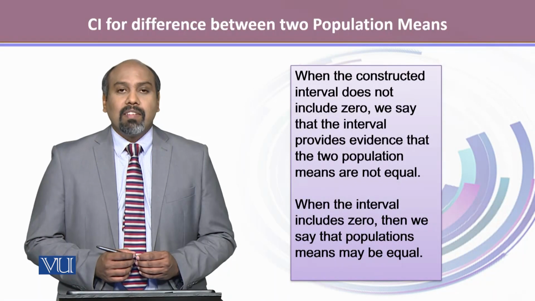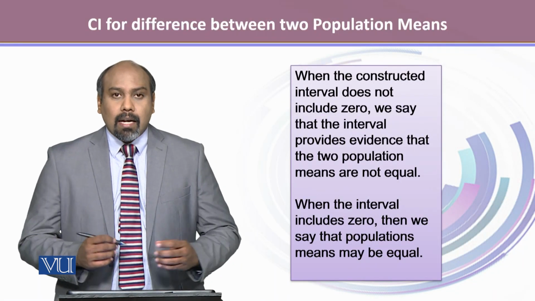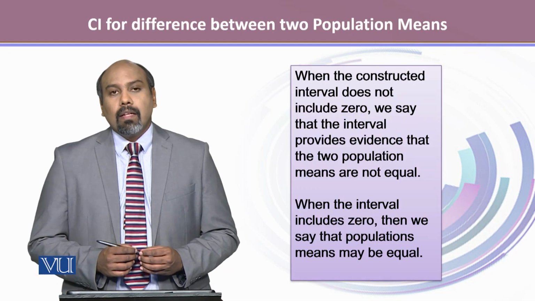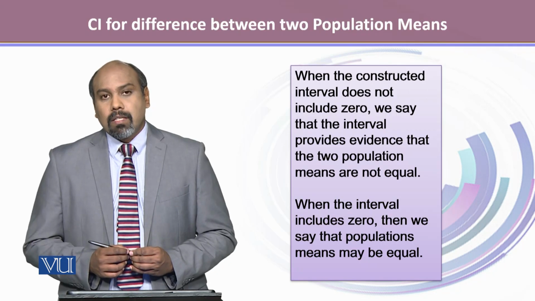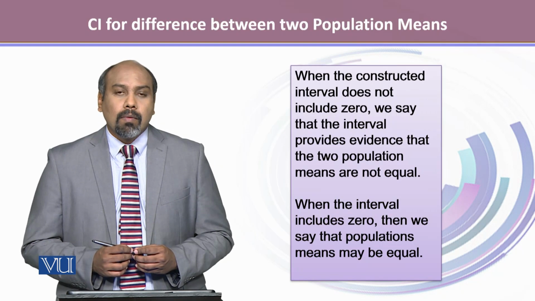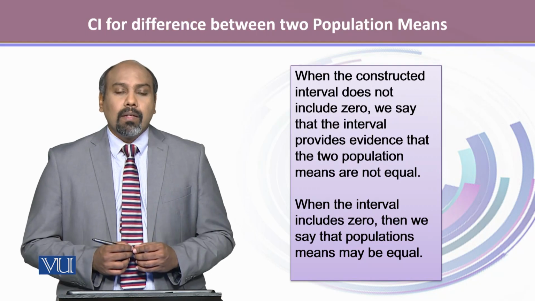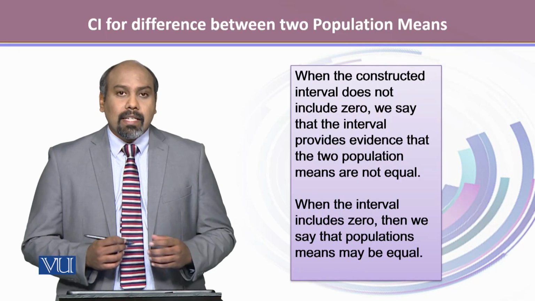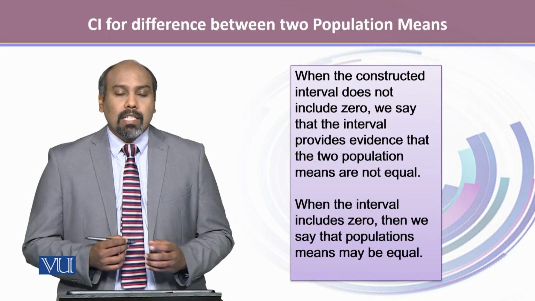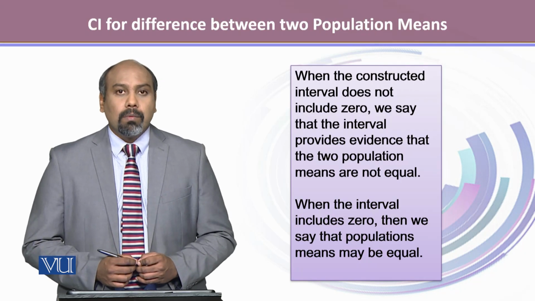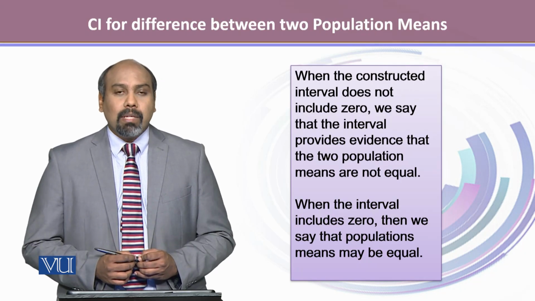When we construct the interval estimate and the confidence interval does not include 0, we say that we have enough evidence to say that the two population means are not equal. But if the interval estimate contains 0, then there is a possibility that the difference between the population means can be 0, and both means can be equal.